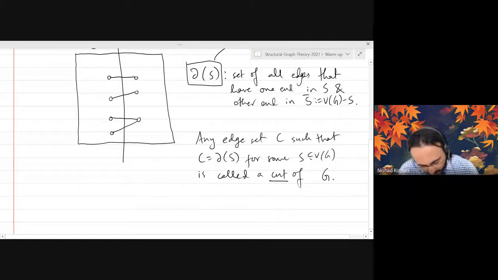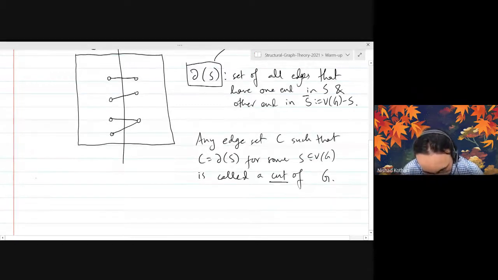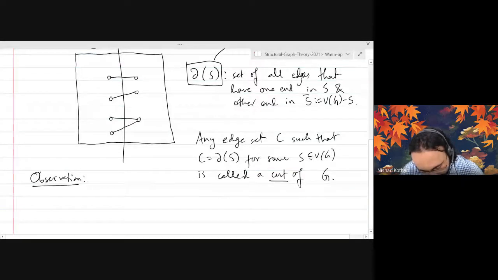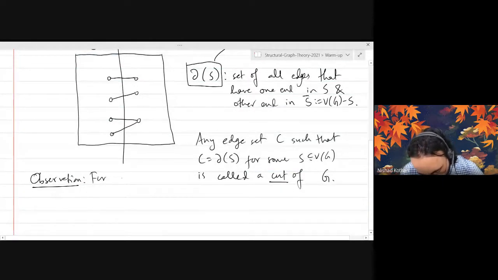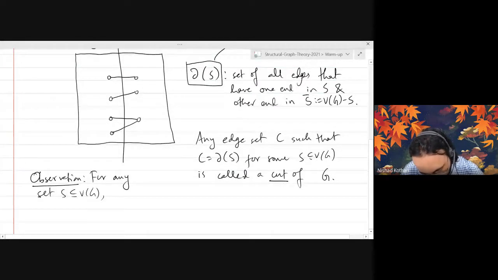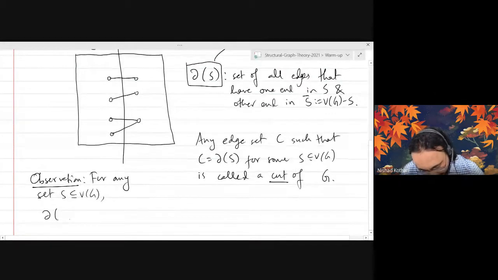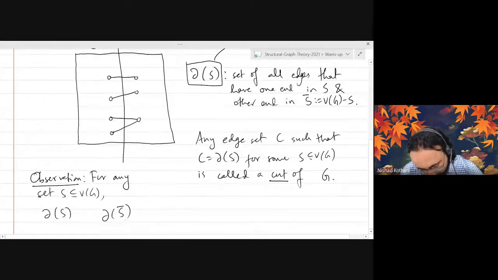Also, I want you to make the simple observation that for any subset S of the vertex set, partial S and partial S bar are related.